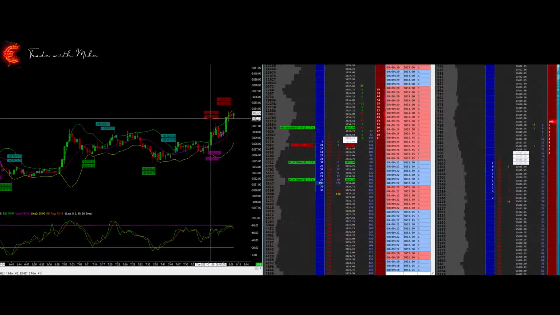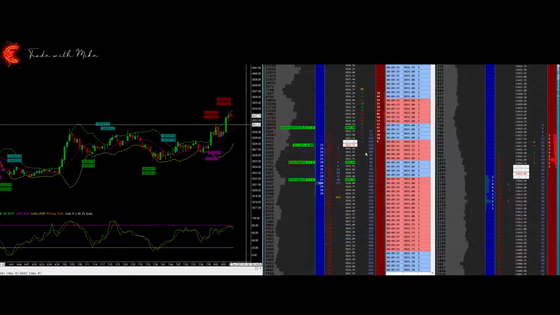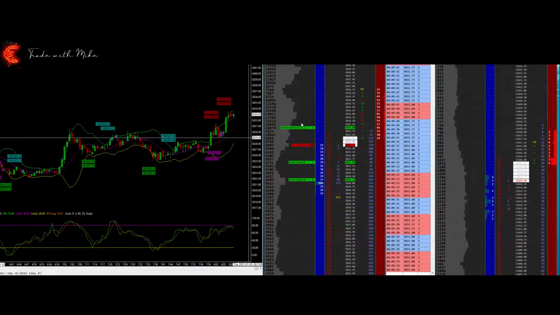So I was up 2 ticks, now I'm down 2 ticks, down 1 tick, so we are at 33. Now it's a break even, which is still a loss because I will have to pay the commission.